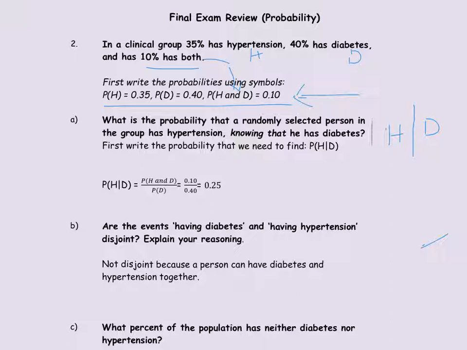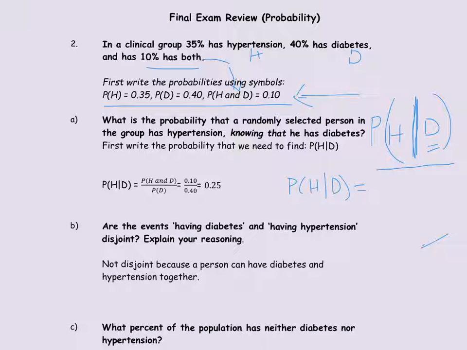So what is the probability that a person has hypertension given that, or knowing that, the person also has diabetes? So it's very important to write down what is being asked, the probability that you're being asked to calculate, in mathematical notation first. After that point, all you need to do is use formulas. So what is P of H given D?